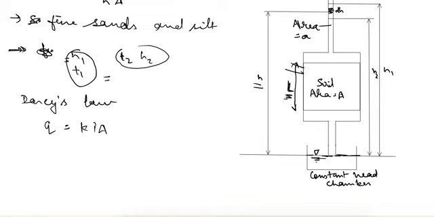So we are measuring the two ends of the soil sample, so this length will be the length of the soil sample. So here we can write it as K into I, we can write as H by L into area of cross section of the soil sample.